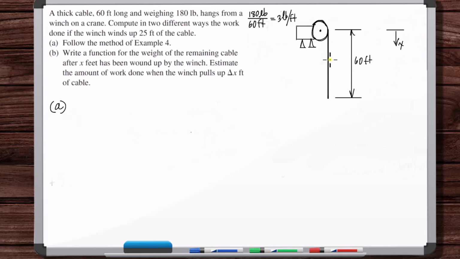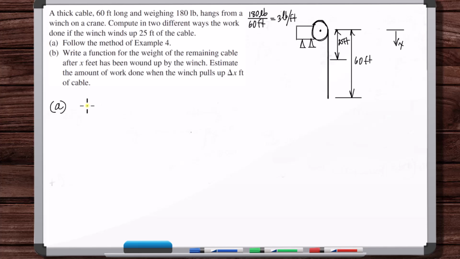here's about 30, so this is about 25. Everything below the 25-foot mark, it's going to be easy to calculate the work done to lift it. Why is that? Because all we need to do is say, it's 60 feet, so that would be 35 feet. 35 times 3 pounds per foot is what?